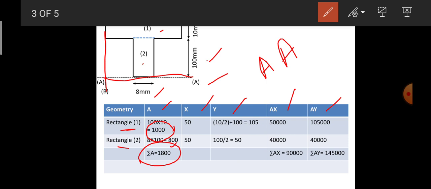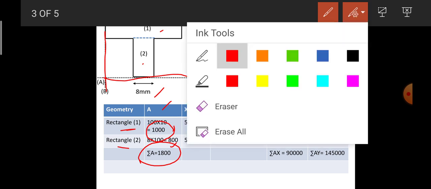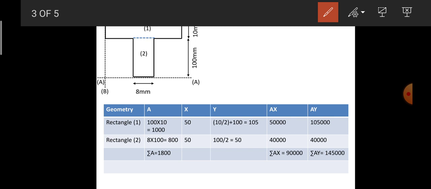After determining this, I need to find out x for the individual rectangles. If I just mention the axis here, I call the first centroid G1, and with reference to the second rectangle, the individual centroid is small g2.